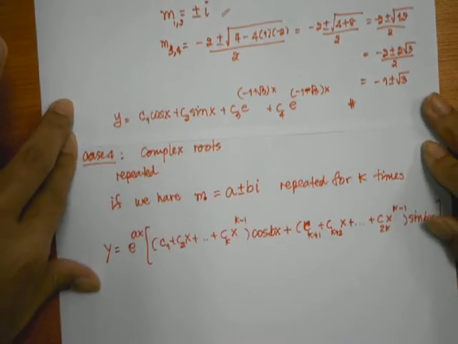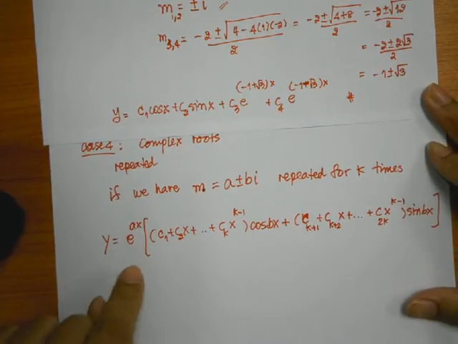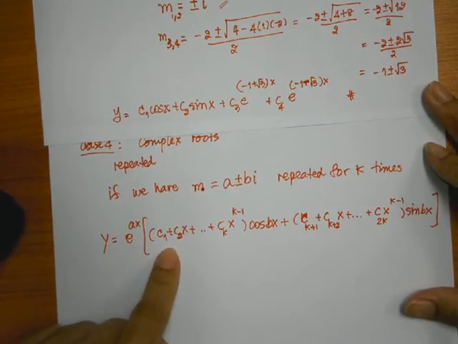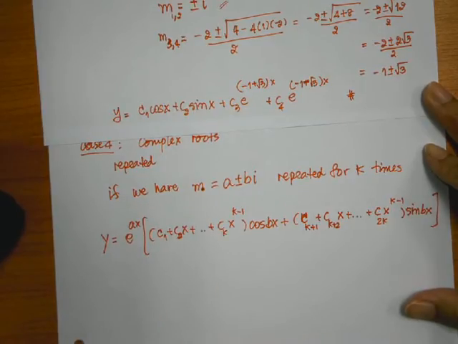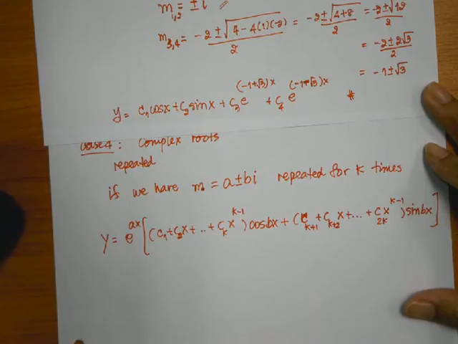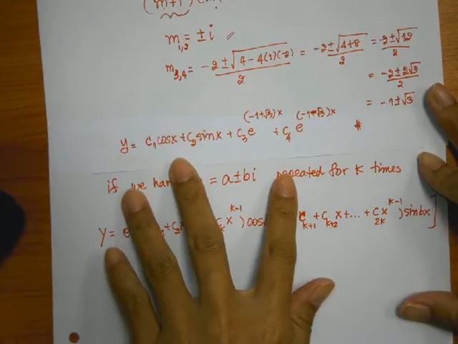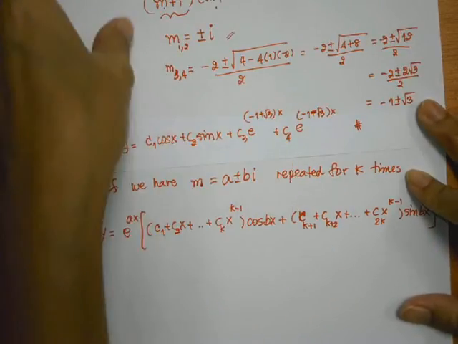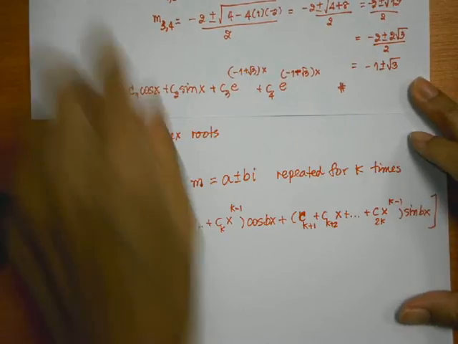Actually, it just looks pretty much like the second case, where the term C is going to be C1 plus C2x plus until Ck times x to the power k minus 1. It just depends on how many times it's repeated. But the rest is just the same.